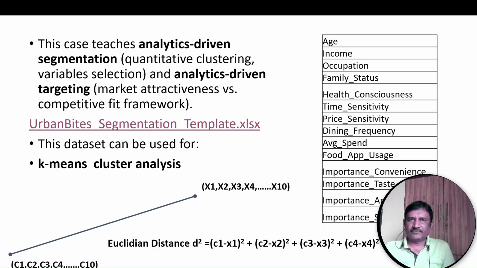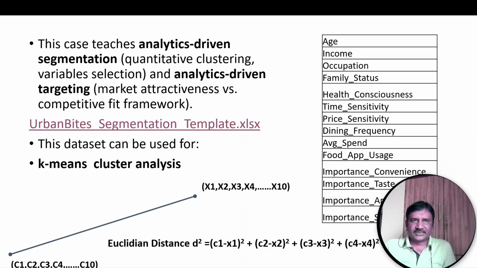In this lecture we will be limiting ourselves to quantitative data only. There are 10 fields which deal with quantitative information, like age, income, then health consciousness, time sensitivity, price sensitivity. There are a few more you will be seeing later in this lecture, right?